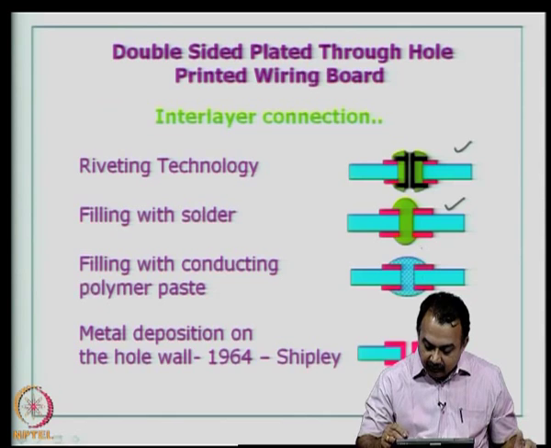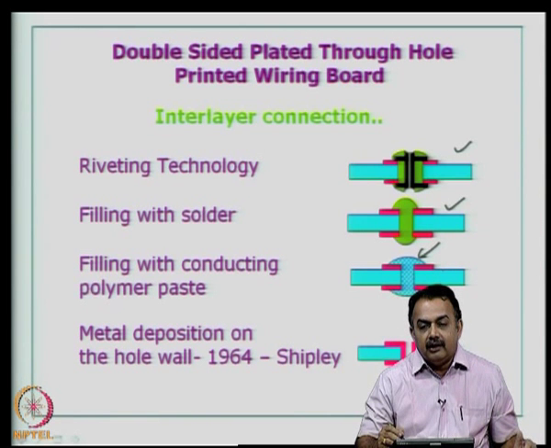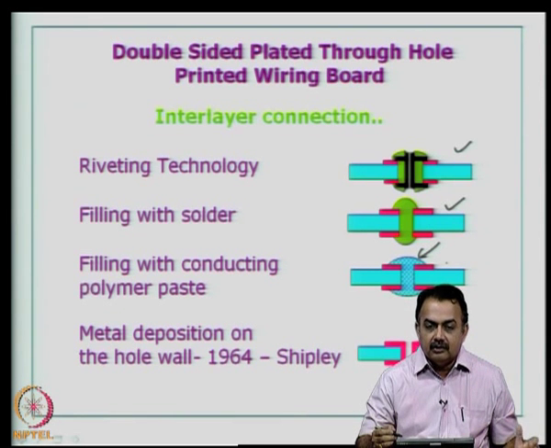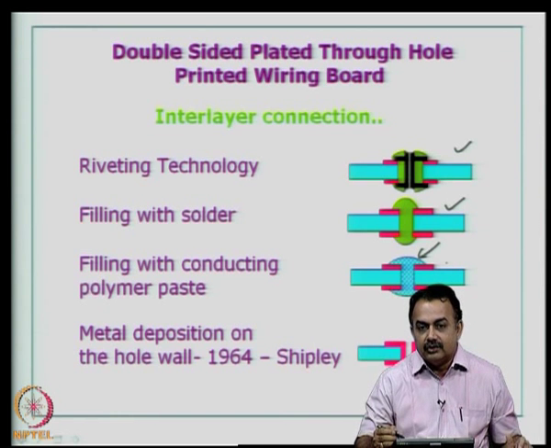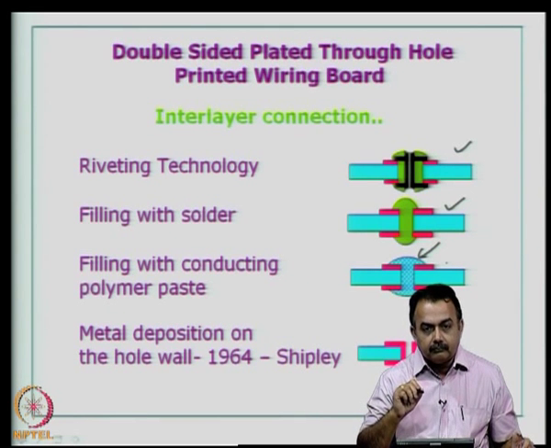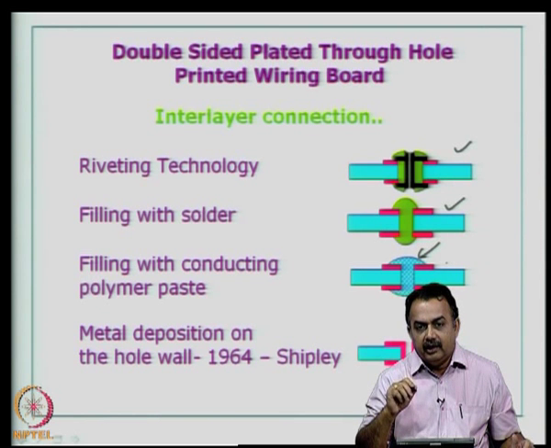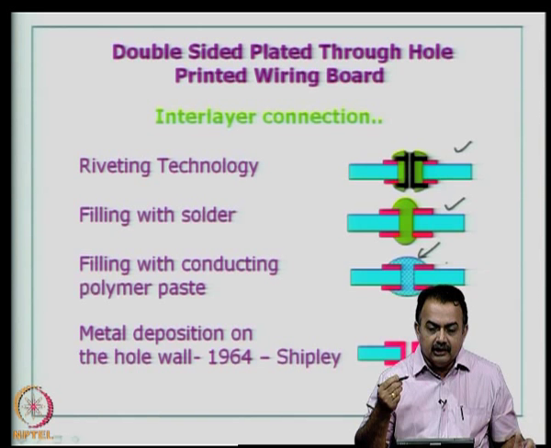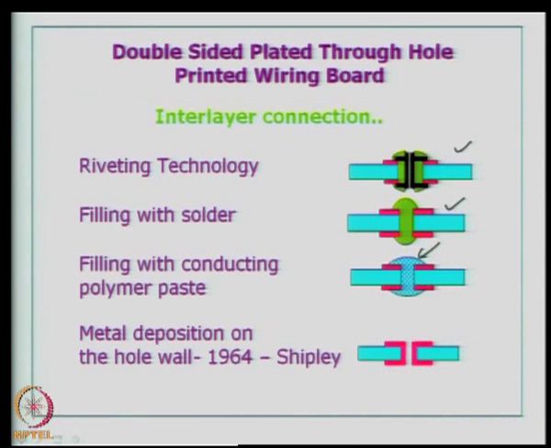So, basically once you drill the hole, you use a conductive paste, typically a paste which contains metallic particles like gold, silver, or a combination of silver, copper and so on, and these are dispersed in an epoxy medium, organic medium, and they are printed by stencil printing or syringe dispensing into the hole wall area, and they are cured, and finally they are polished, or basically the extra material is removed and the surface is treated in such a way that the surface is planar after the process is over.